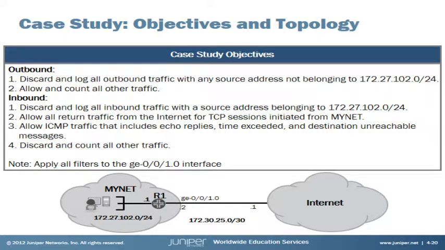Okay. Inbound traffic. Discard and log all inbound traffic with a source address that belongs to 172.27.102.0/24. Okay, now think about that for a minute. If traffic is going to an address of 172.27.102.0/24 and has a source address from the same network, what does that tell you?